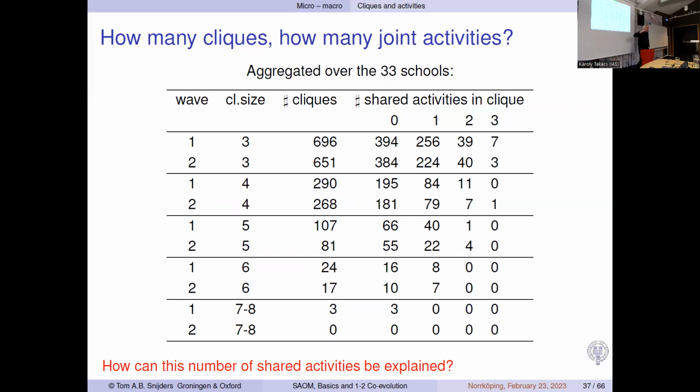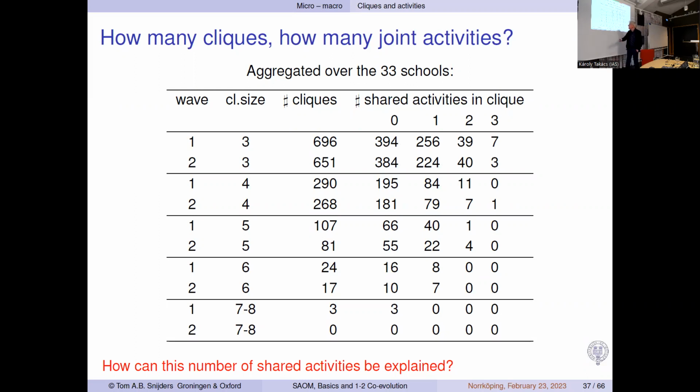When you think of it, you collect data and somebody may forget to mention a friend, or forget to mention an activity too. So this criterion of having at least one activity in common for all clique members is really a quite strong criterion. But still, there were a lot with 1 and 2, and even a few with 3 activities in common.